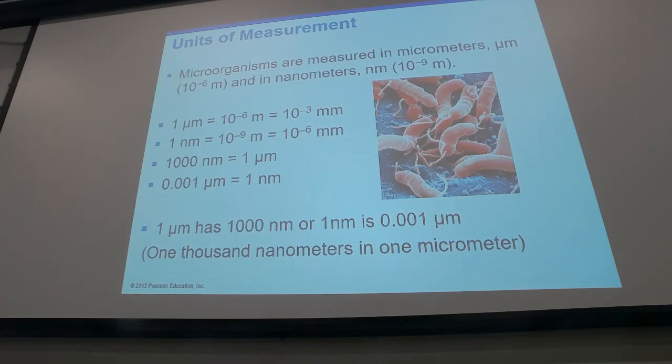So if you are measuring a microorganism and the microorganism has, let's say, 1 micrometer, you can say that it has 1,000 nanometers, or if it's 1 nanometer, you can say that this microorganism has 0.001 micrometers. So 1,000 nanometers equals 1 micrometer.